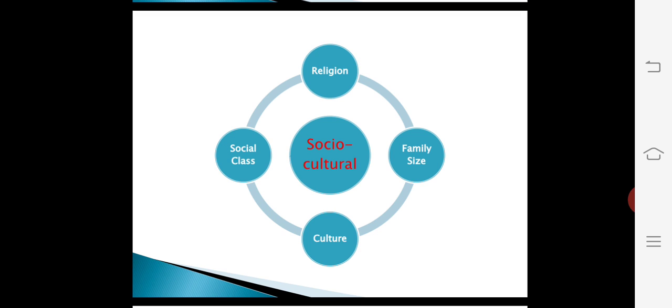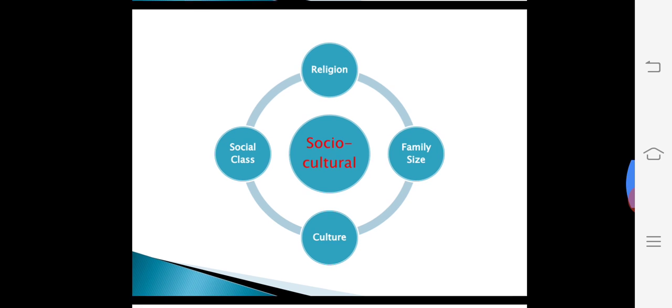Again, take the example of automobile companies: companies like Audi and Mercedes target the upper class people, while companies like Maruti Suzuki and Ford target the middle class or lower class people. So based on social class, marketers divide the market.